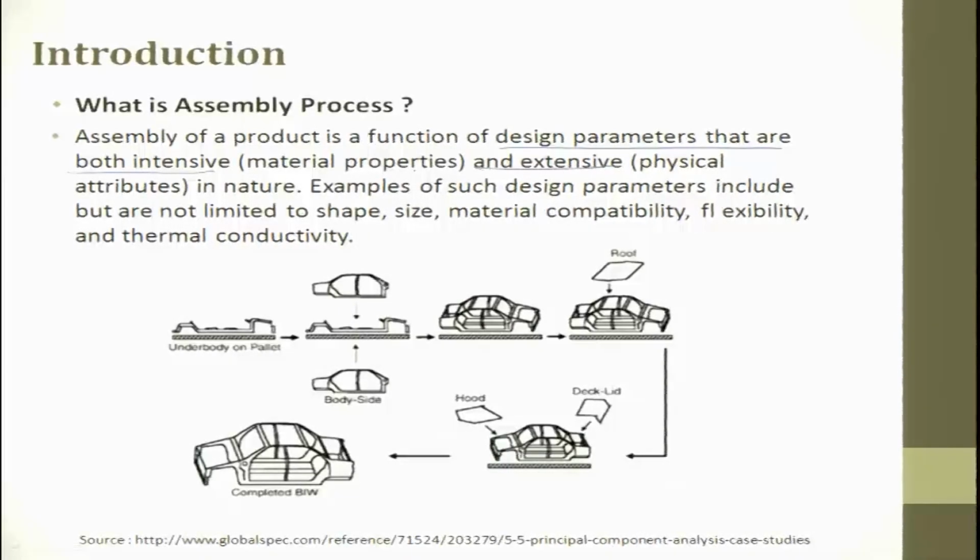Intensive is material property, extensive is physical attributes. Example design parameters include not only shape and size, but also material compatibility, flexibility and even thermal conductivity. So, assembly of a product is a function of design parameters that are both intensive and extensive in nature.